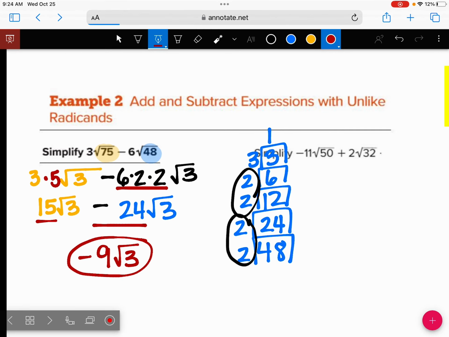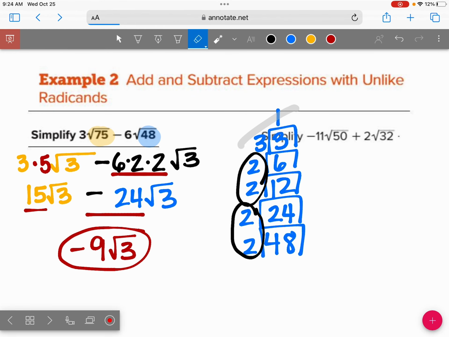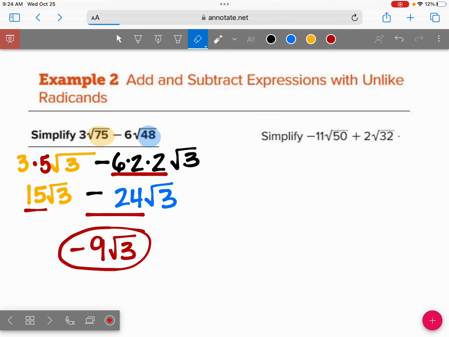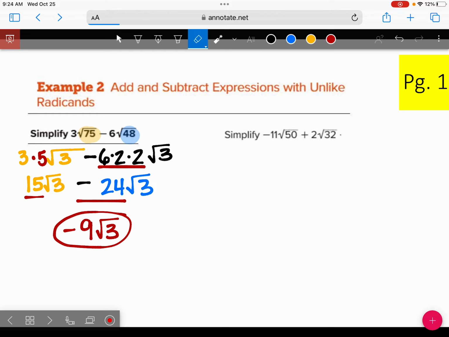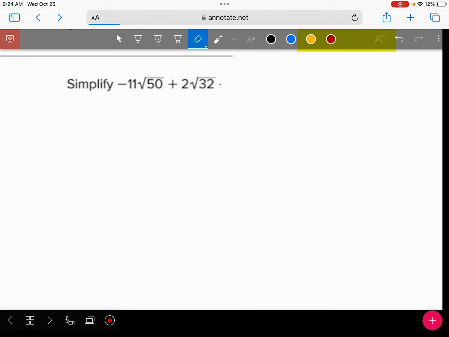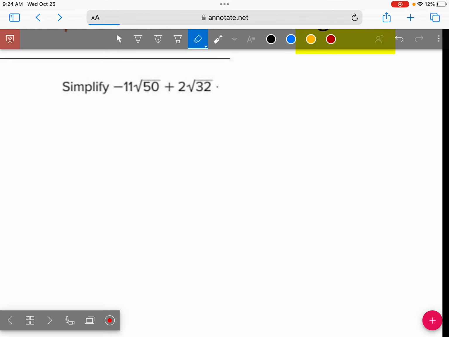All right, so let's go ahead and do this last question together. I want you to build a cake with 50. Go ahead and build a cake with 50 and then build a cake with 32. So build your cake with 50 and then build your cake with 32.